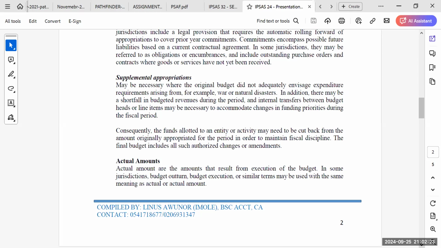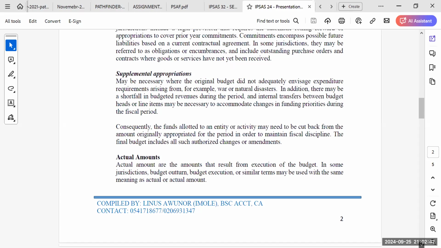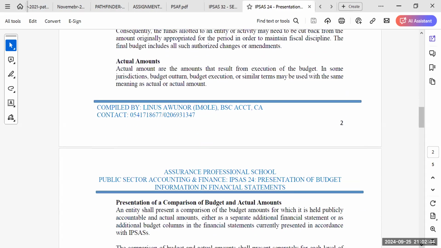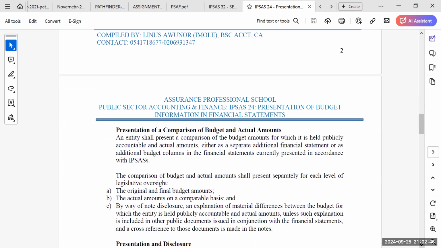They will be giving you the actual budget together with the original budget or the final budget, and they'll be asking you to evaluate the performance or prepare a budget performance analysis of the district assembly or government institution. We'll be doing this when we go to the interpretation of the financial statements.